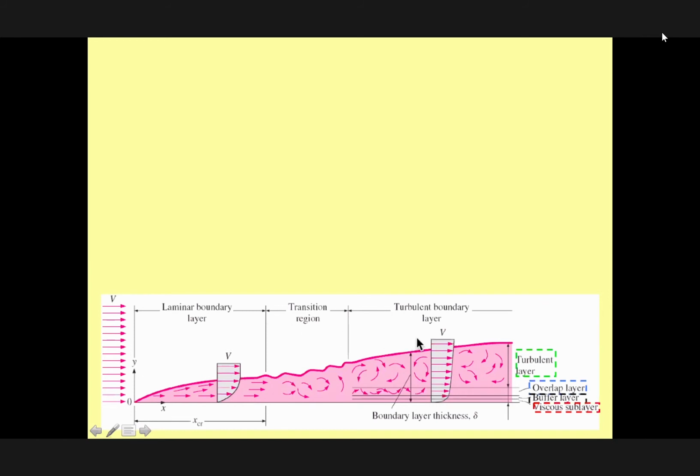Am I correct? Yes, sir. Therefore, you have a plate right here. The velocity profile for the lower boundary is like this. And if you have another plate on the top, with the distance between them, let's say, 1 centimeter, up there it also starts, and the velocity profile is also growing like this.